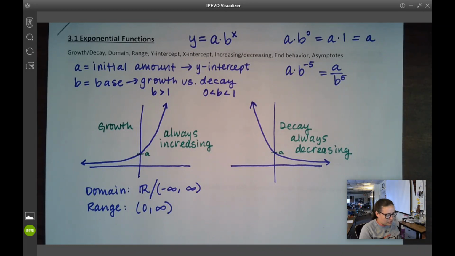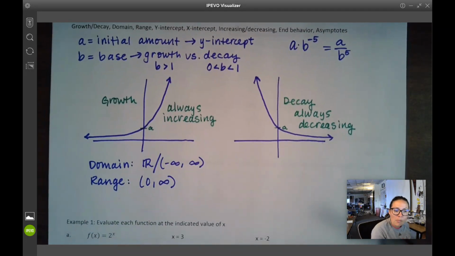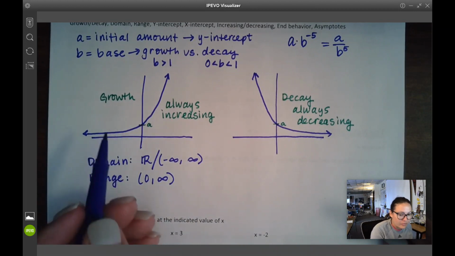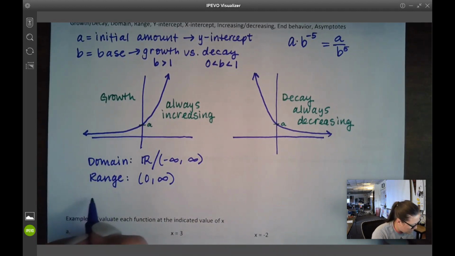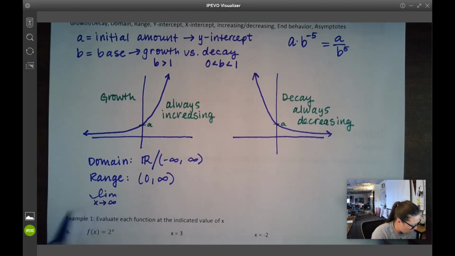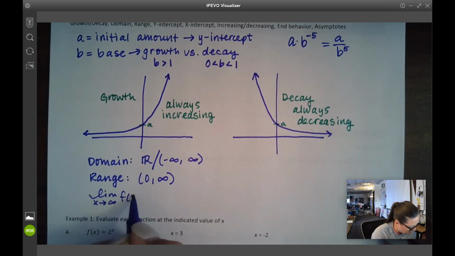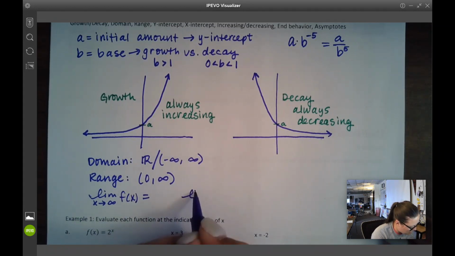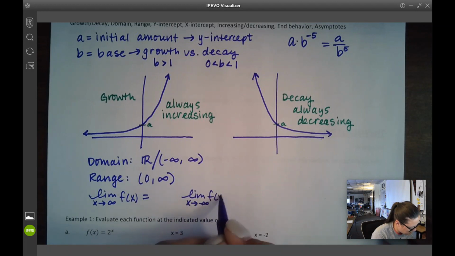Okay, let's talk about end behavior. End behavior means that I'm going to do the limit as x goes to infinity. And I'm also going to do the limit as x goes to negative infinity.